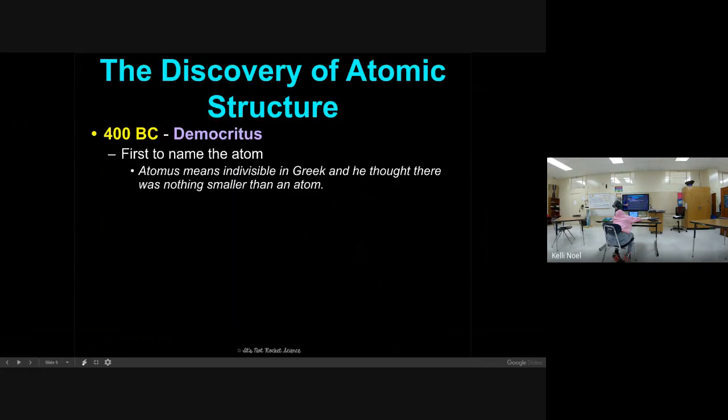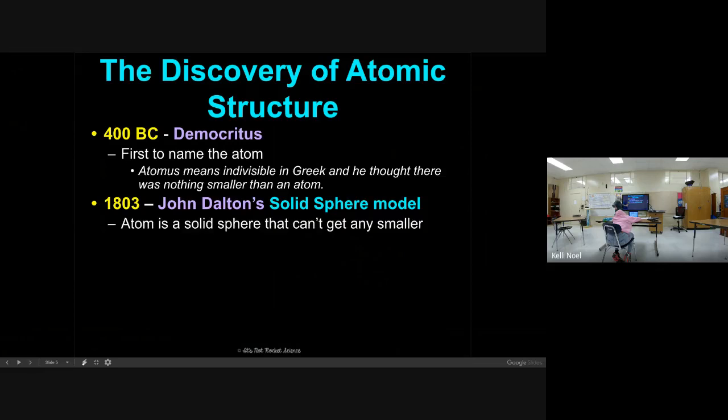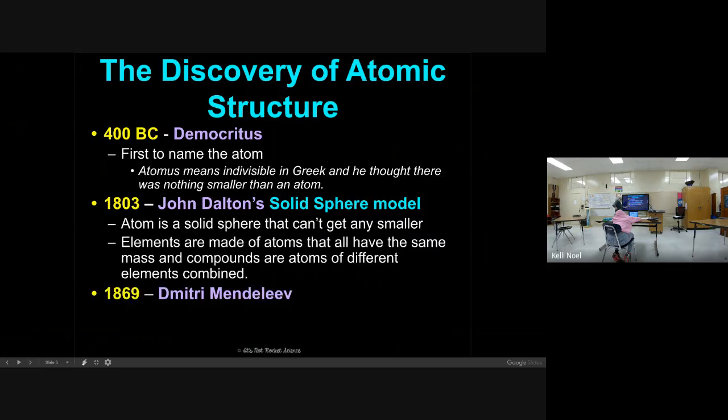So just to get a little background on the discovery of the atom, we can't see atoms at all. Back in 400 BC, Democritus, a Greek thinker and philosopher, came up with the term atom.